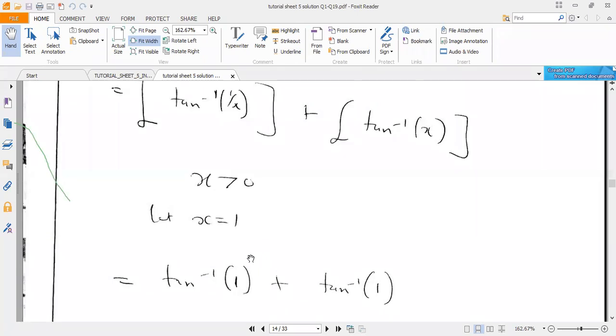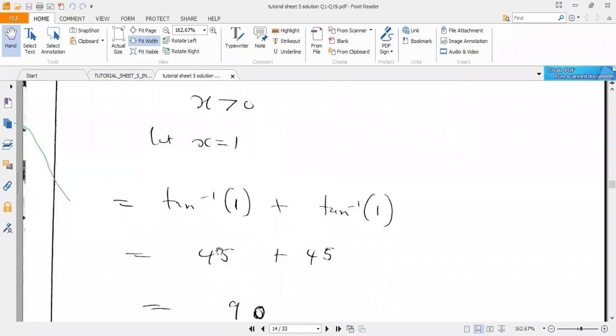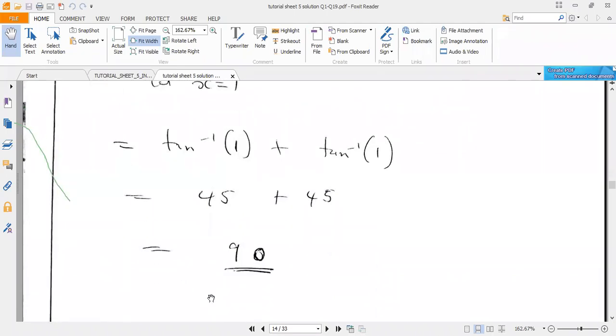It's better to pick a value that we know easily, because we don't use calculators in there. We know that 1 is greater than 0. So tan inverse of 1 plus tan inverse of 1 is 45 plus 45, which gives us what? 90. That's the constant we're interested in finding.